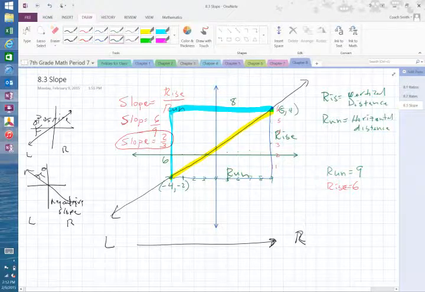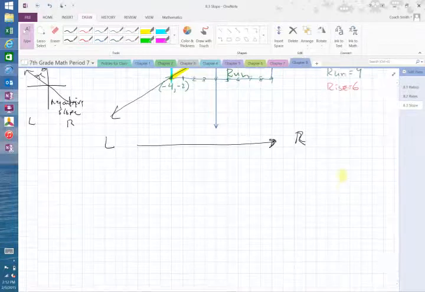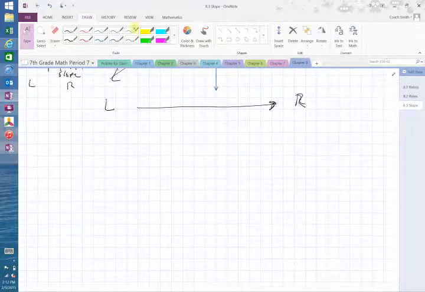You're trying to form a triangle between the 2 points that they gave you on the line. Okay, now, if that line was going the other way, if it was going downhill the same amount, then that would be a negative slope. Okay? Let's look at one that has a negative slope. Let's go.